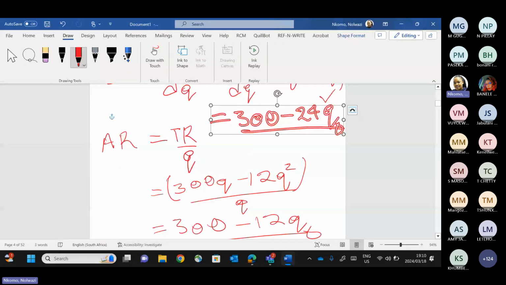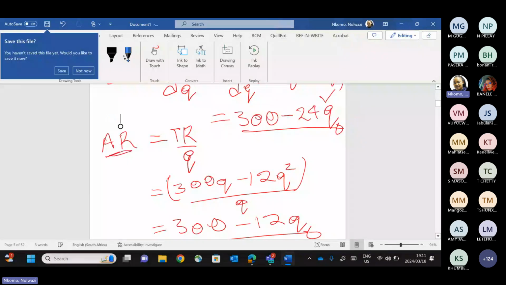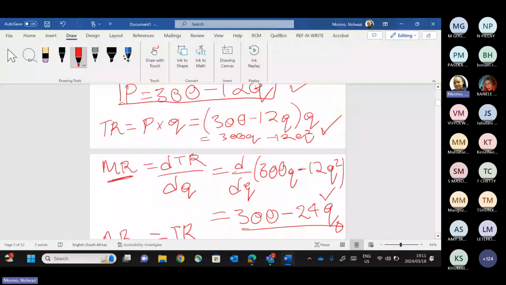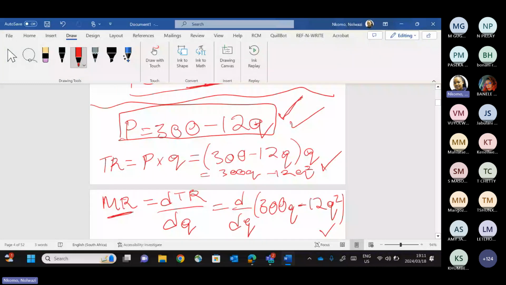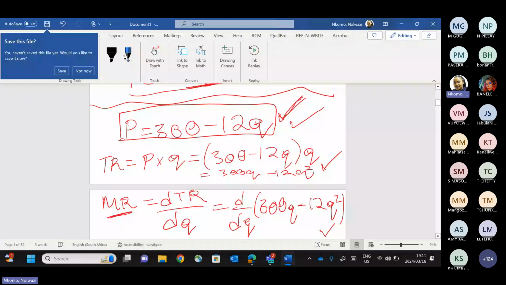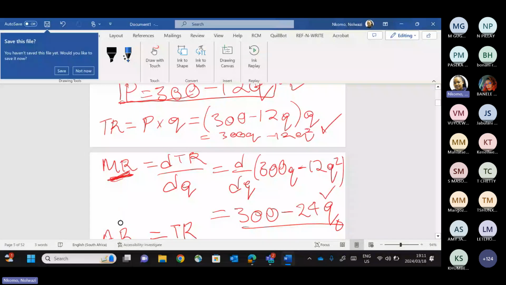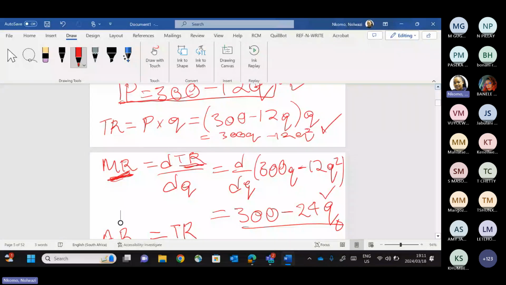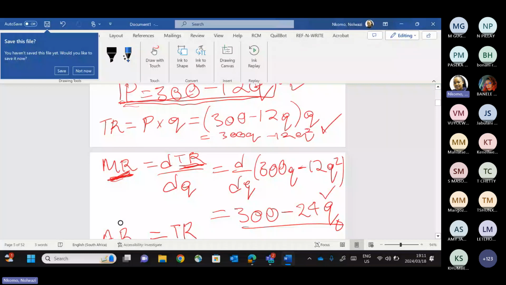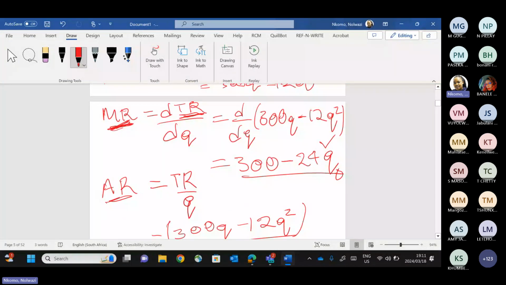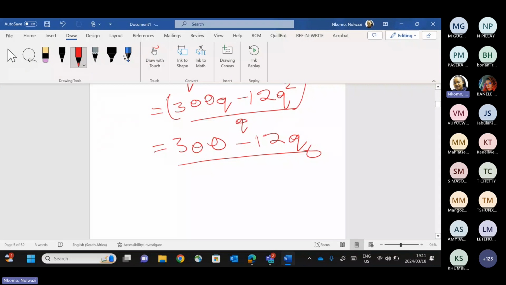They won't give you a demand function and say, what can you find from this information? They will give you a demand function and ask you to find the marginal revenue. You know that the marginal revenue is the derivative of the total revenue, and you can find the total revenue from the demand function. Now I'm just asking you what more can we find, because I'm teaching what information you can find if you're given such a function.